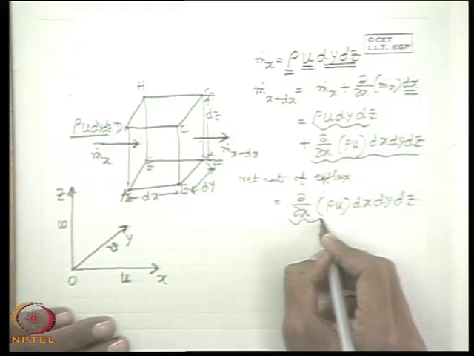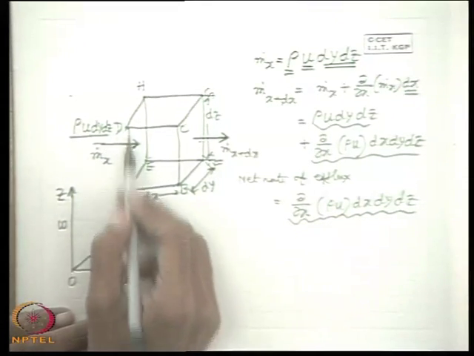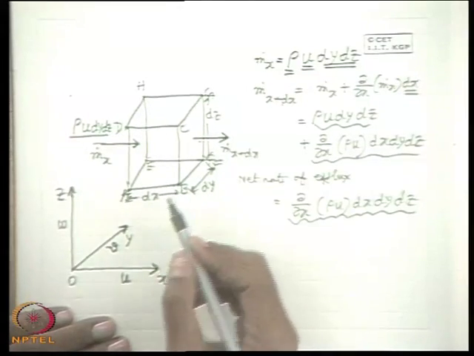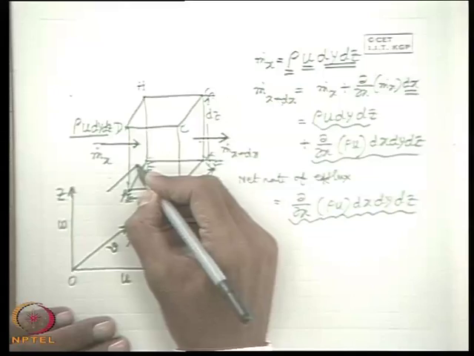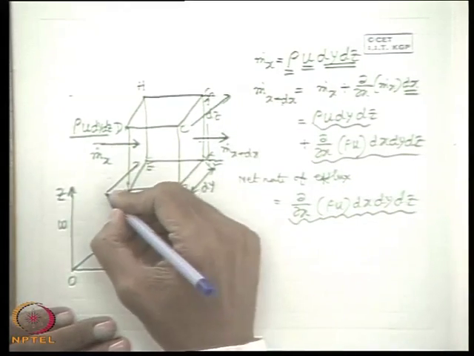Efflux minus influx, so this is the net rate of efflux from the control volume due to the fluxes crossing the x planes. Similarly, let us consider the fluxes crossing the y planes.